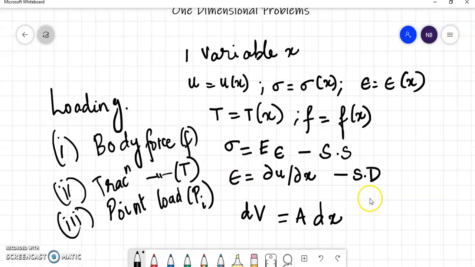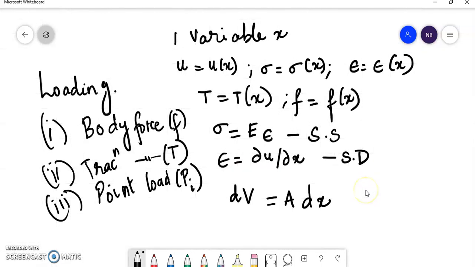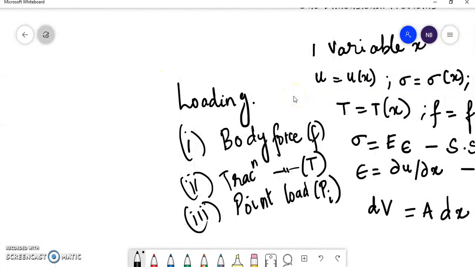So a body force is a distributed force acting on every elemental volume of the body, and it has the units force per unit volume.